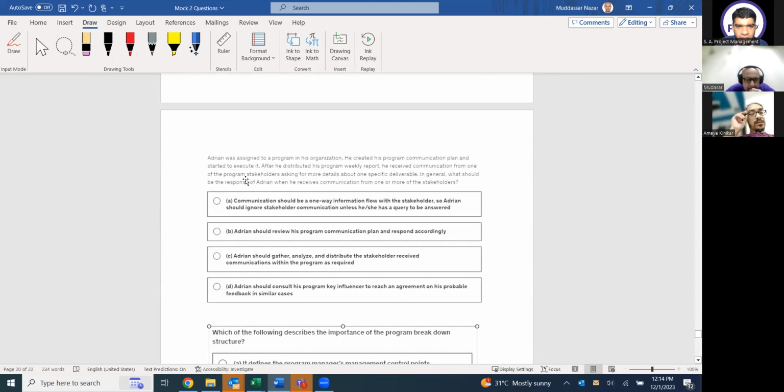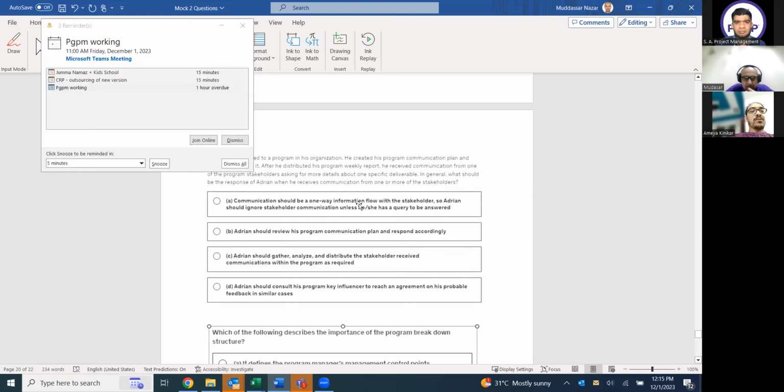The next one: Adrian was assigned to a program in his organization. He created his program communication plan and started to execute it. After he distributed his program weekly report, he received communication from one of the program stakeholders asking for more details about one specific deliverable. In general, what should be the response of Adrian when he receives communication from one or more stakeholders?